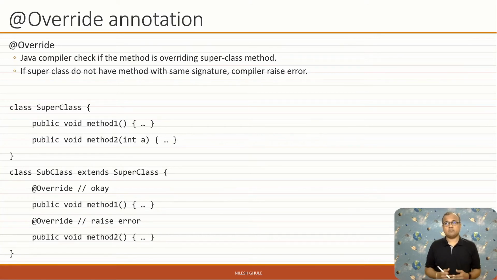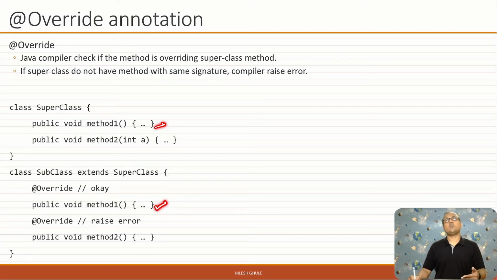The @Override annotation will compare the method signature of the method in the subclass with the corresponding method in the superclass, and if it is not matching, it will raise an error. In the example over here, the method one signature in the superclass and subclass is exactly the same.